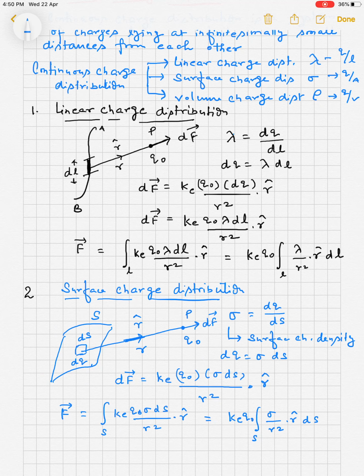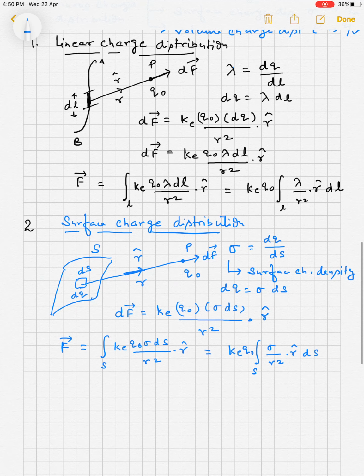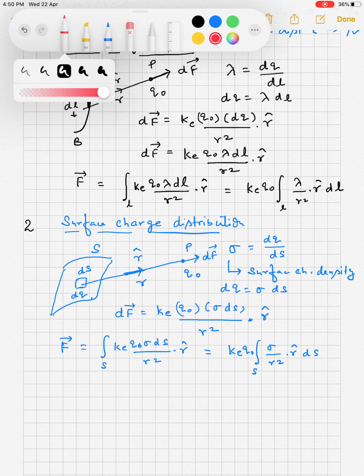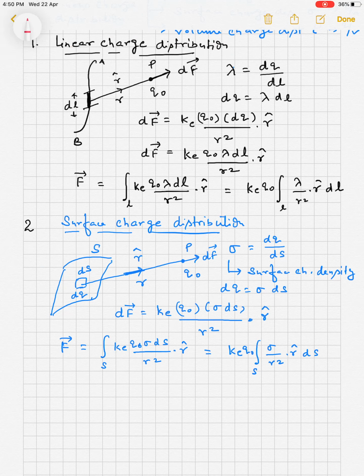Now the third one, volume charge distribution.